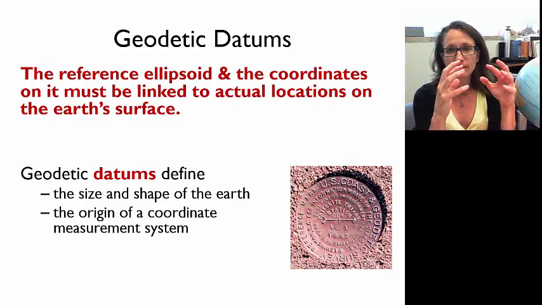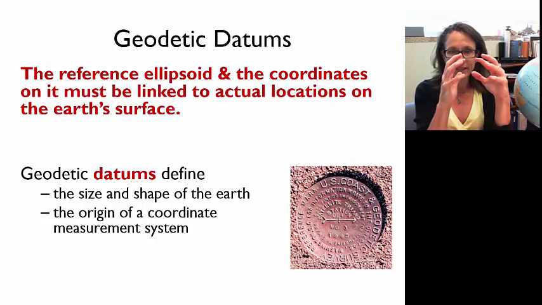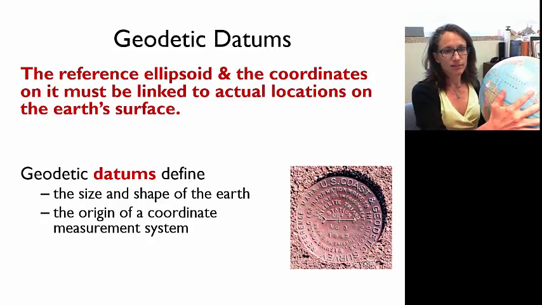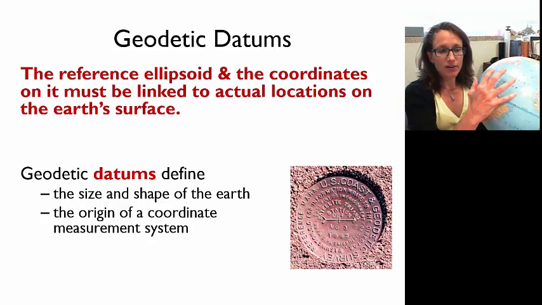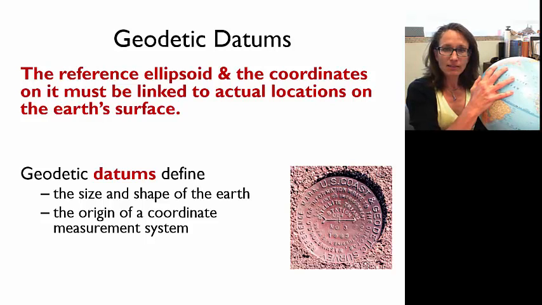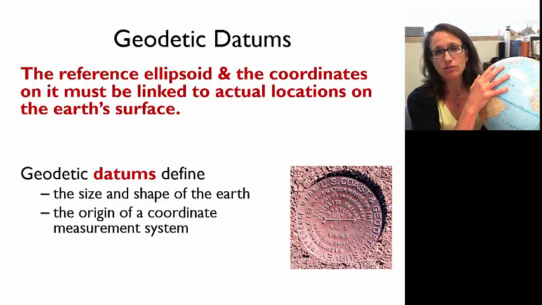So if you think about those lines of longitude that are the graticule, imagine it's sort of like a little cage around the Earth. And we could move the lines of latitude and longitude around the Earth. The datum locks those lines to the Earth. And that's why if we change our datum, we change the description of a point.